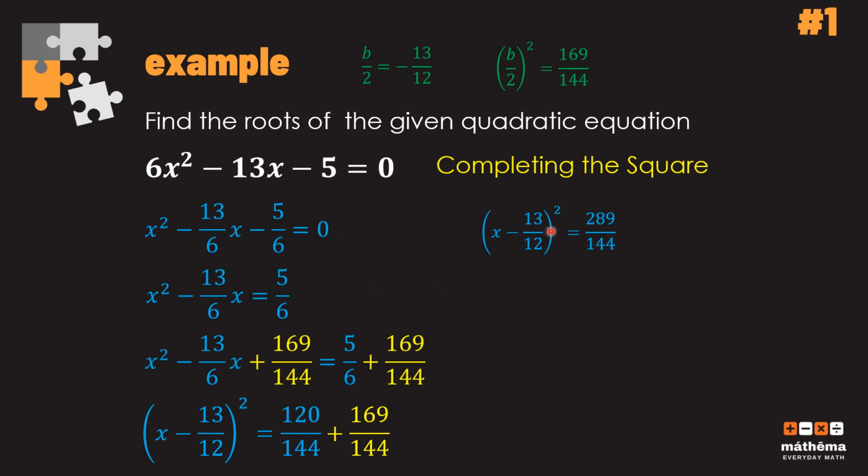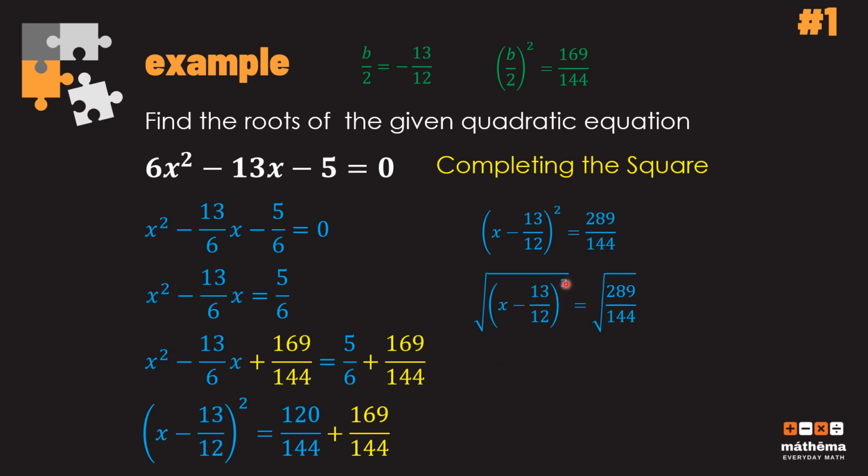Now, at this moment, we can see that our left side is squared. So, we are going to apply the extracting the square root method. The quantity x minus 13 over 12 squared and 289 over 144, we are going to take the square root of those numbers.